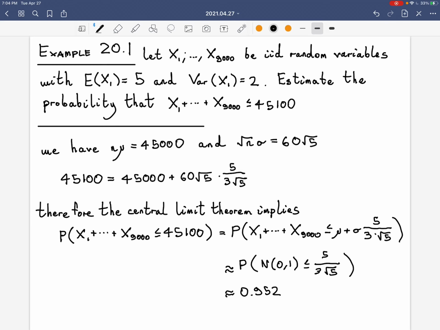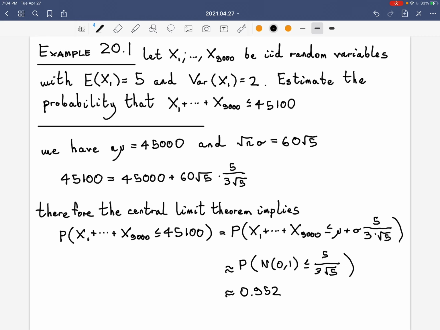So we have n mu is 45,000 and square root n sigma is 60 root 5. And we need to multiply the 60 root 5 by a factor which gives us addition of 100. So that tells us we need to multiply by 5 over 3 root 5.